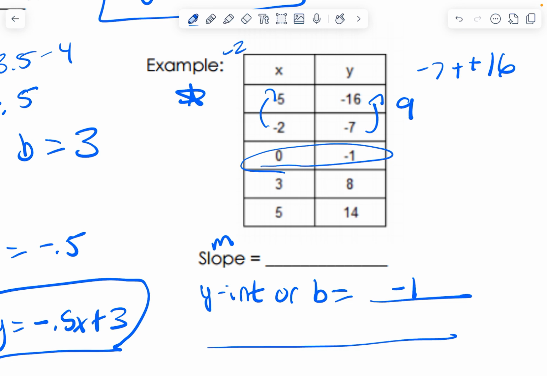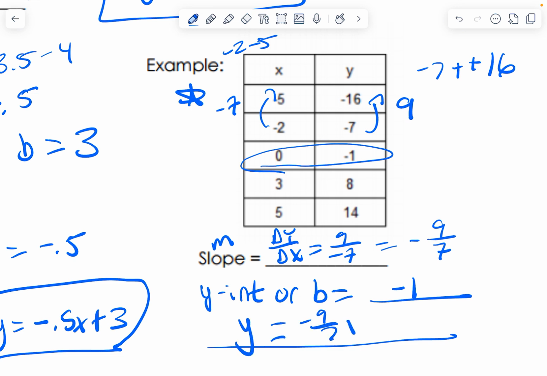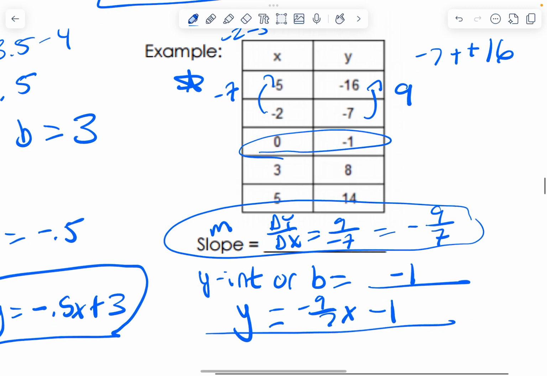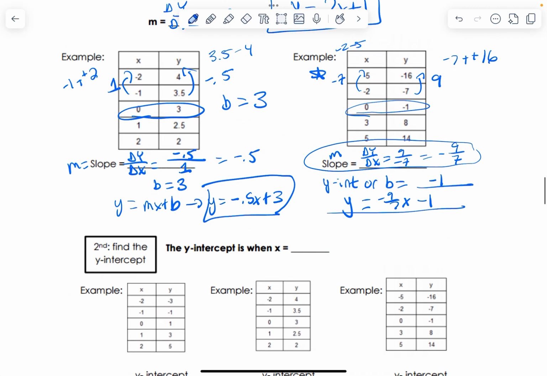Then negative 2 minus 5 is going to give me negative 7. So my slope is the change of y over the change of x. That's going to be 9 over negative 7, or negative 9/7. So then if I write my equation, that's y equals negative 9 over 7x minus 1. So it's just getting in the habit of subtracting to find your slope, okay?